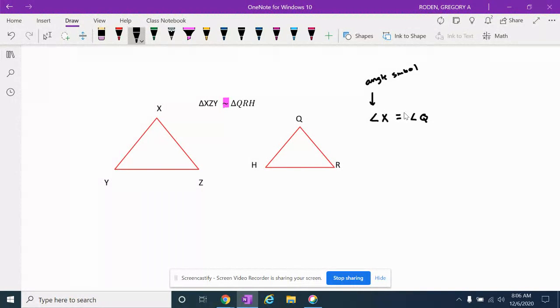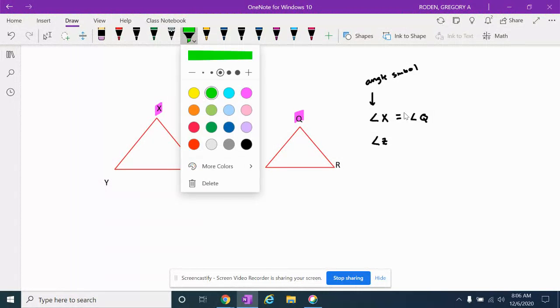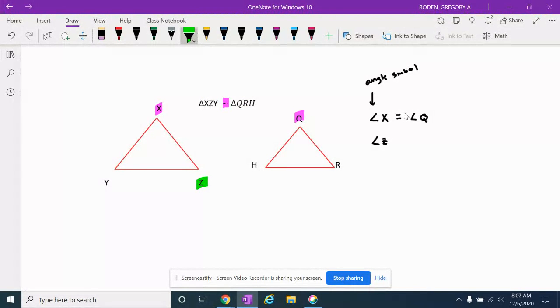Okay, all right. What angle matches up with angle Z? Well, let me do the highlighting here. I think the highlighting can help us see this a little bit. So X and Q. Okay, so now we're going to choose angle Z. What corresponds with angle Z?